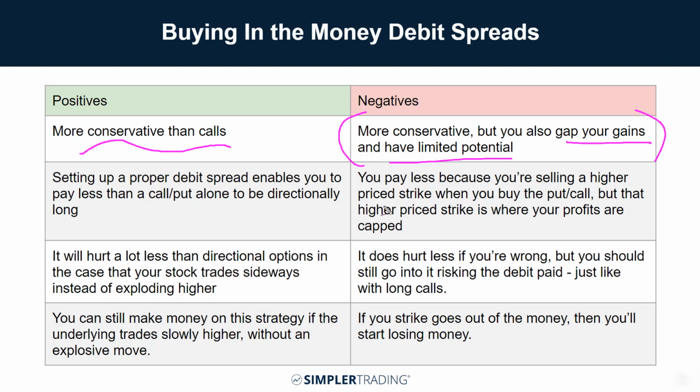Okay, but let's say that person A buys long puts on Netflix, person B buys a debit spread on Netflix. Both of them think it's going to go lower, and you want to know who's going to make more money in what situation. Well, in situation number one, let's say that Netflix has some sort of major catastrophe and falls 30% overnight.